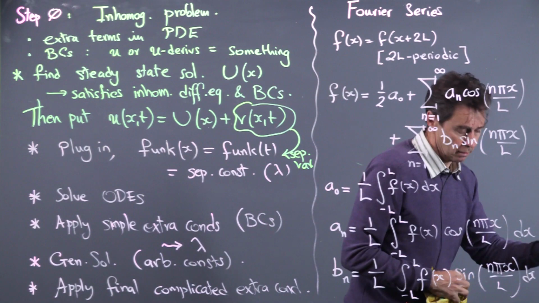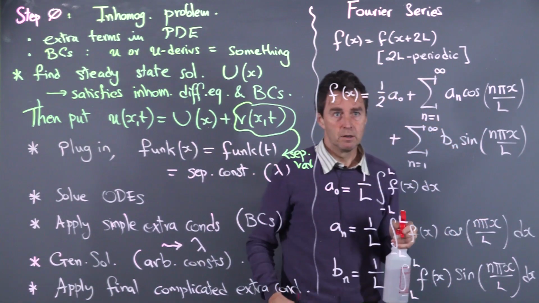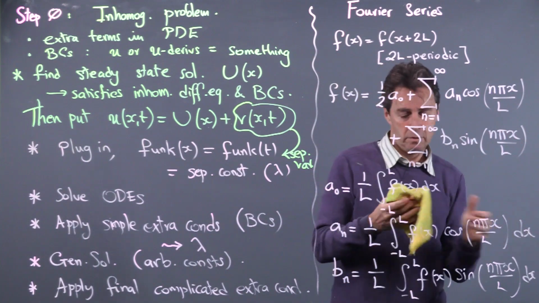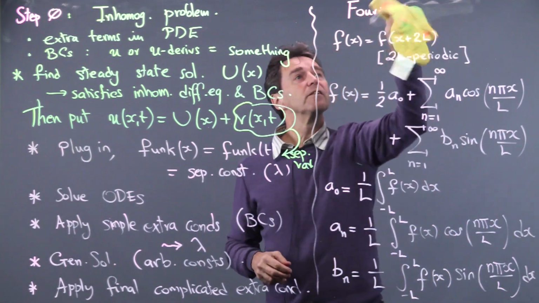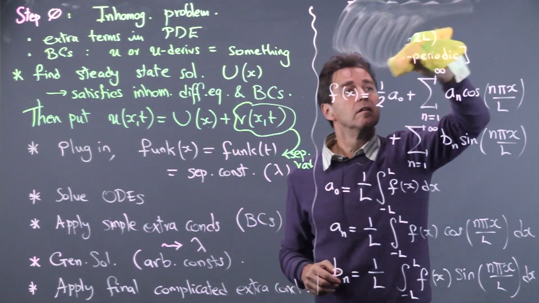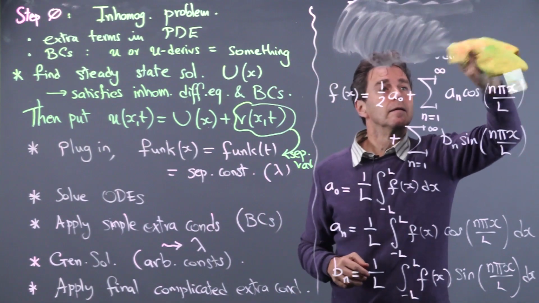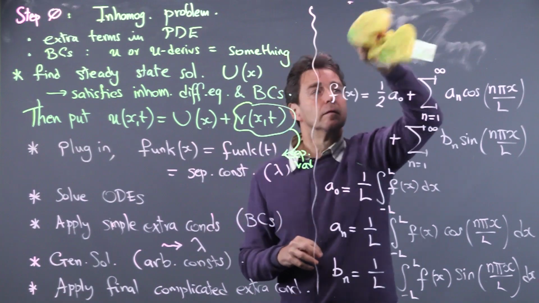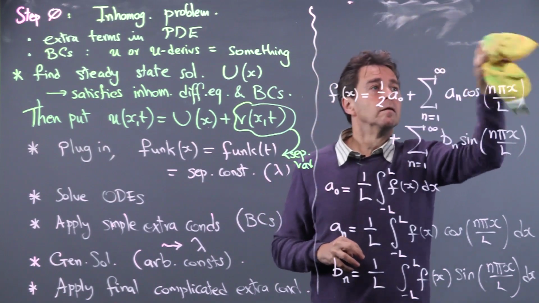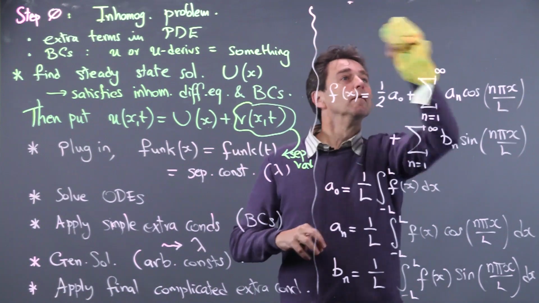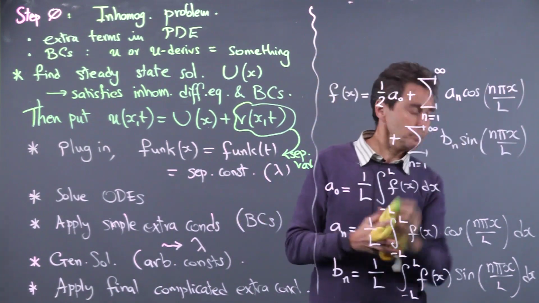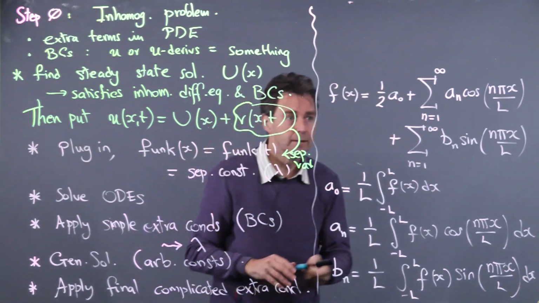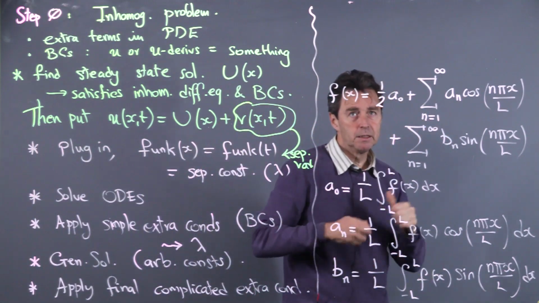So in order to do that, I'm just going to save some of this. So there's going to be some technology of the Fourier series that I need. And I'm going to actually use only part of this.